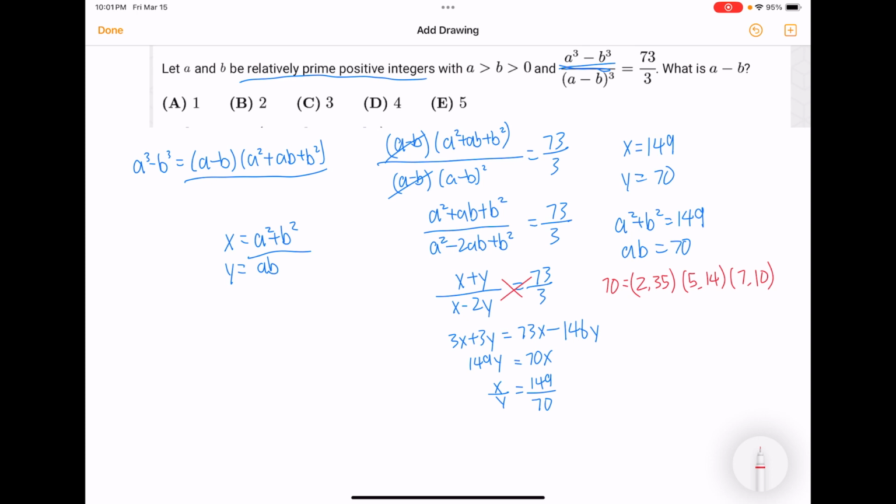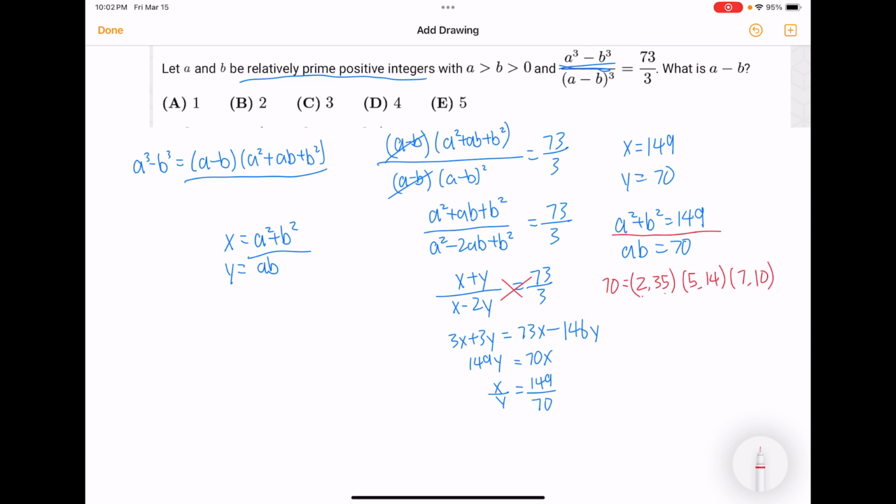So 3 sets. And just right off the bat, you can eliminate 2 of them, so it would automatically give you the answer, because if you plug 2 and 35 into the first equation, because we are plugging all of the sets into the first equation, then 35 squared is way more than 149.